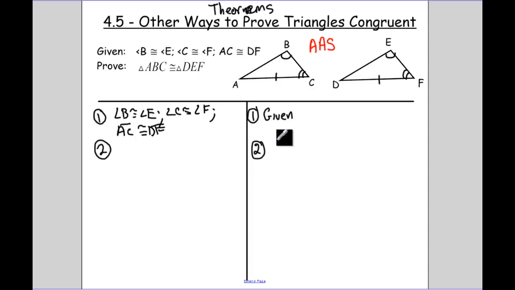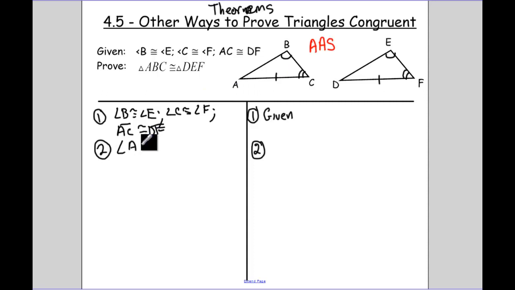Okay, now we can only use the ways that we already know for right now. I know that if I have two angles in a triangle congruent to two angles in another triangle, the third angles are congruent.